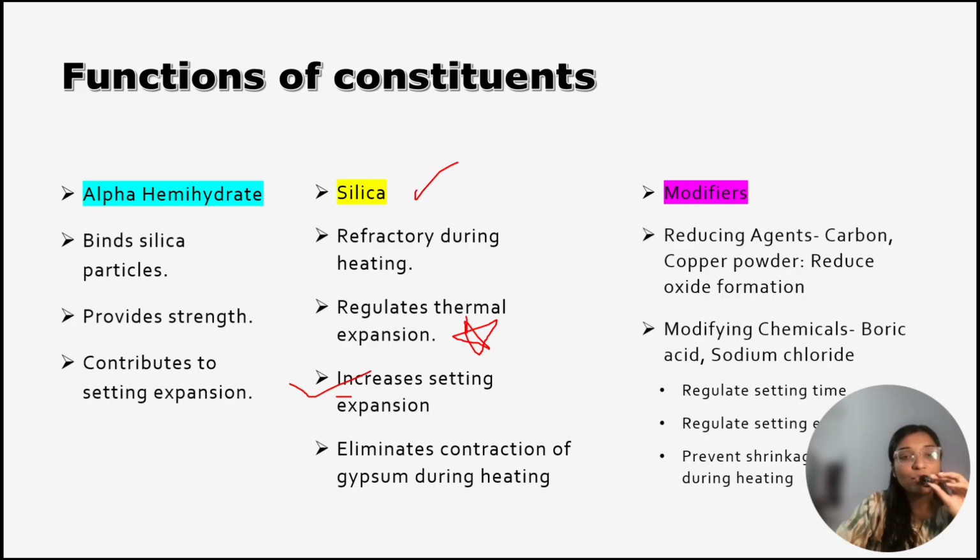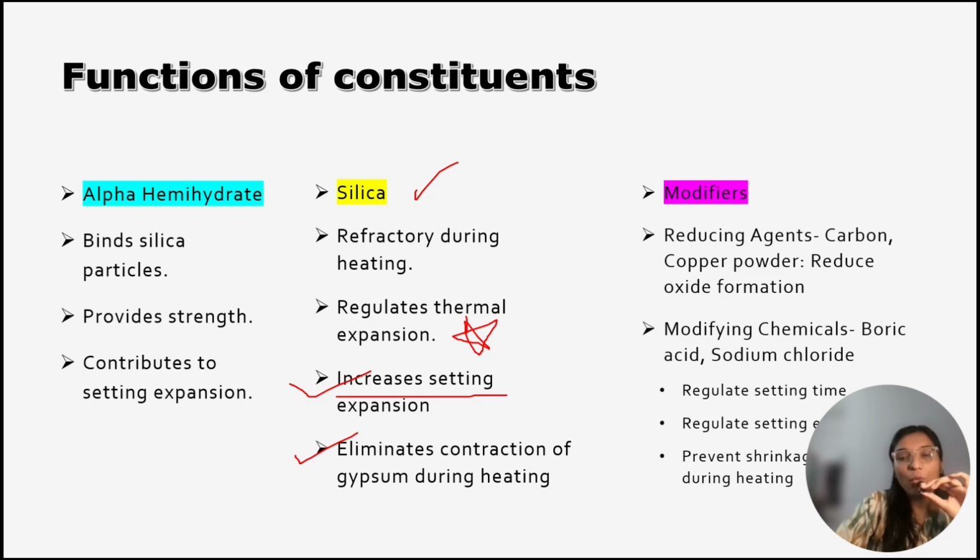Which was the most important ideal requirement of the investment material? It was the setting expansion. The refractory material, that is the silica, helps in setting expansion. Also during heating, gypsum has a tendency to contract, so silica will eliminate its contraction. These are the most important functions of silica.